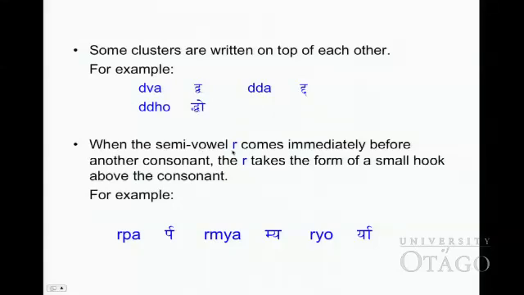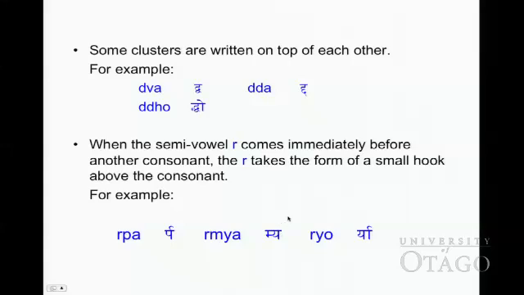When the semivowel R comes immediately before another consonant, the R takes the form of a small hook above the consonant. For example, rapa, ramaya, and rayo. Sorry, you have to put one hook over here.